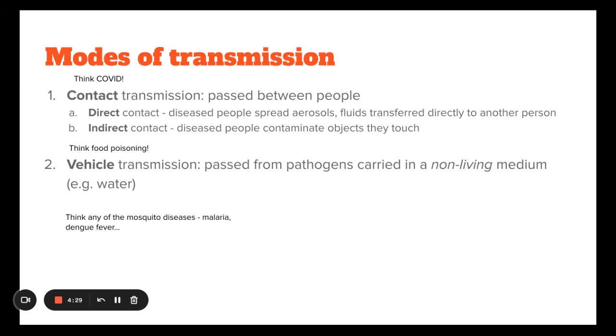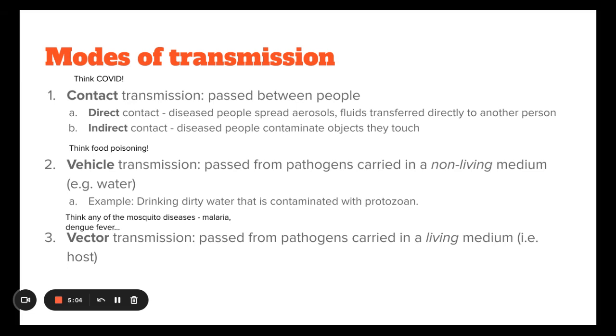You ingest it, and you can guess the rest, right? Or another example is when you drink water that is contaminated with a protozoan, one of the 3 Ps, remember from the last lesson, right? So vehicle, so think about these pathogens, right? They have been transported in a non-living medium like a car, right? It's a vehicle, right? And the vehicle transports itself to something where you can ingest later on.